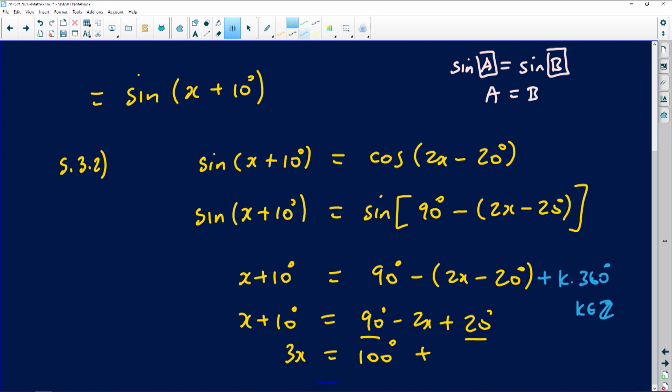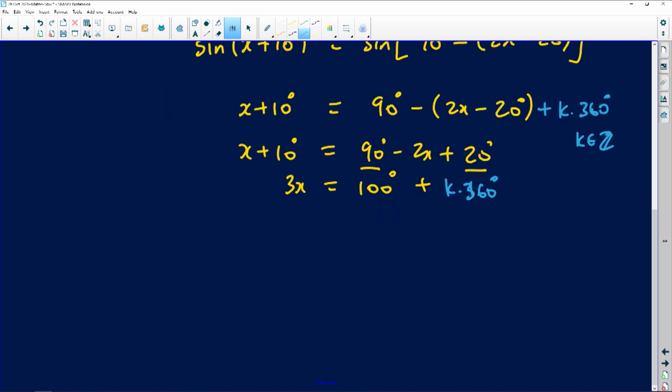Plus, don't forget what we said, this is a general solution problem, so we need that k times 360 degrees to be part of what is going on here. So divide everyone by 3, then finally your x comes out as 100 over 3 degrees, plus k times 120 degrees. So very important because k is an element of integers.